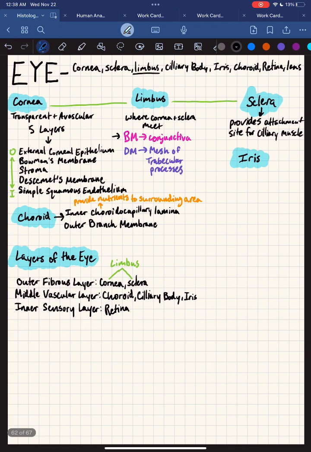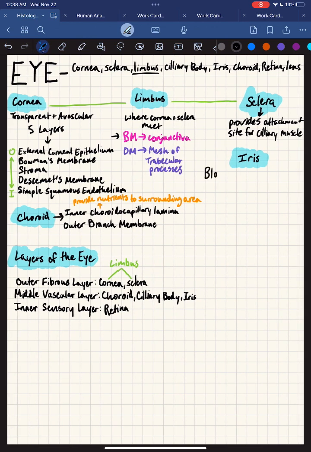So, blocks light from entering retina aside from pupils.